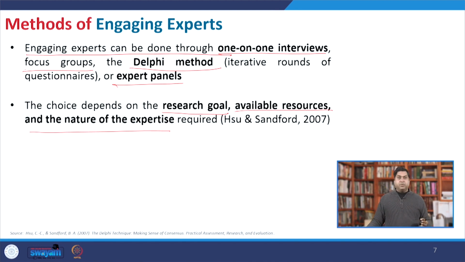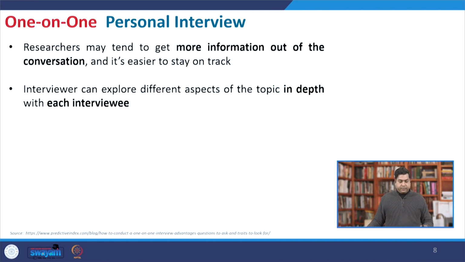If you want a focus group, then you apply the Delphi method to go for several rounds of discussion to reach conclusions, or else it can be an expert panel as well. We will discuss all of these methods of engaging experts one by one.